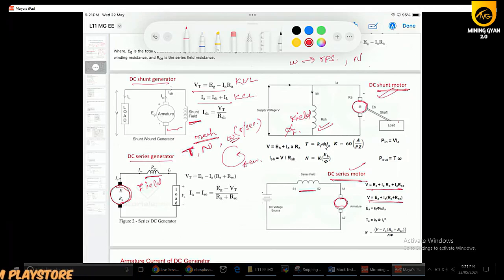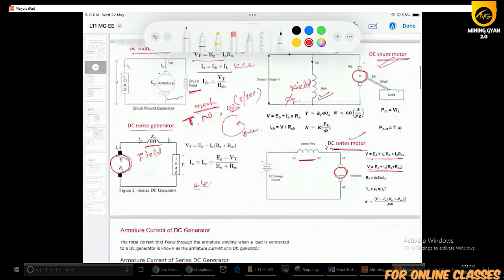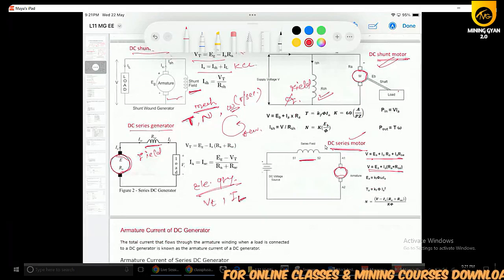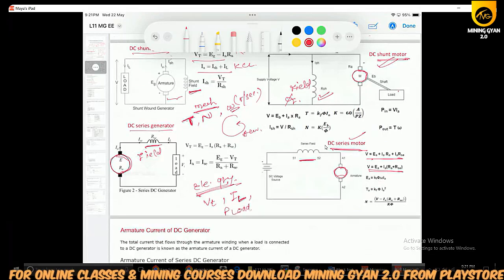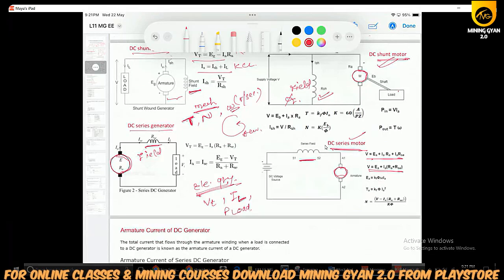And speed n will be measured in terms of what? RPM, revolutions per minute, right? But in case of electrical quantities, voltage V, the terminal voltage, and terminal current or the load current will be considered. So these are the electrical quantities, or you can calculate the power that is consumed by the load.